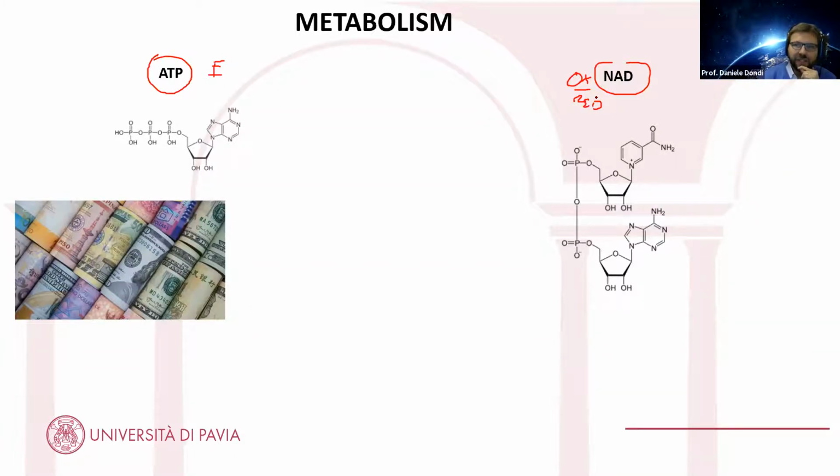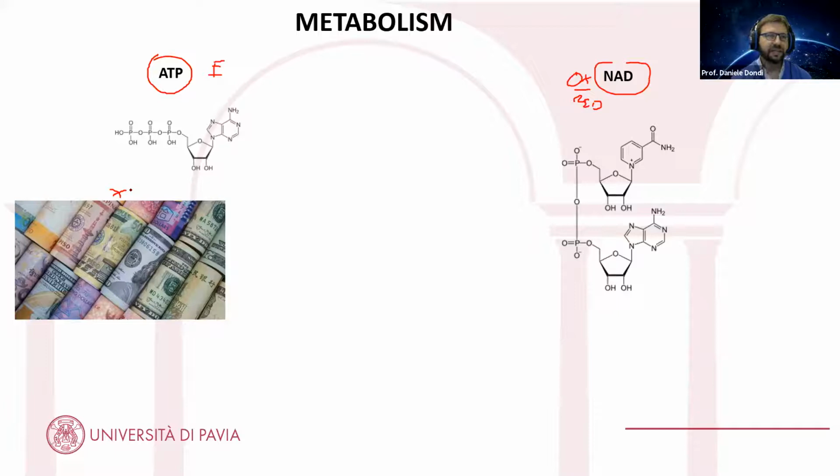And so these are currently our currency, because you know, many countries in the world have their own currency. But imagine maybe it was like this in the past. Maybe in the past you had many possible molecules that were able to transfer energy, that were able to transfer oxidation reduction.